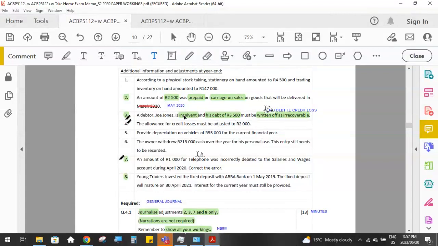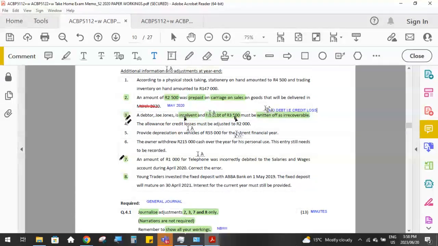We go through our debtors books and we examine every single customer's account, and we assess to see whether there is anything that we need to write off to bad debts or not. Okay, so that's it. We've got to write off 3,500 to bad debts. So where is this 3,500 Rand currently sitting in our accounts?